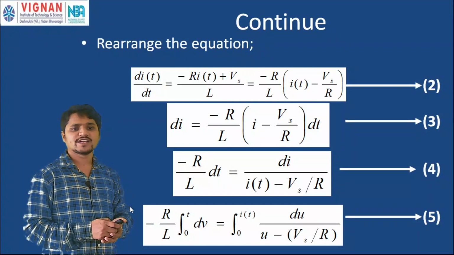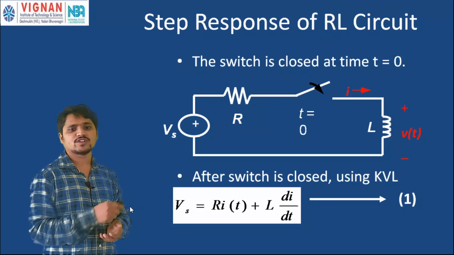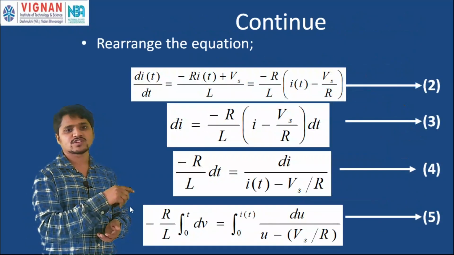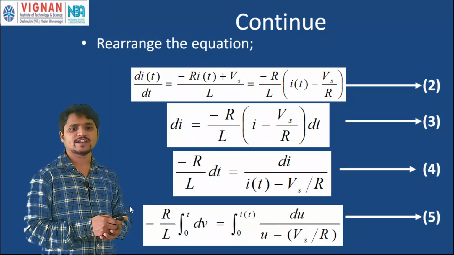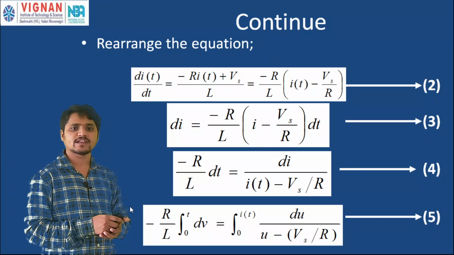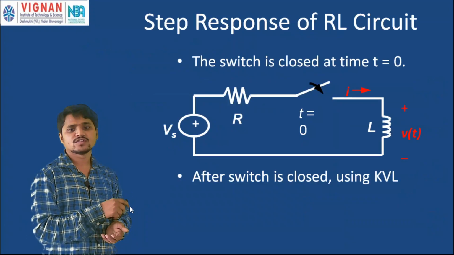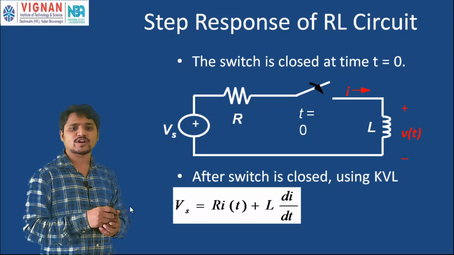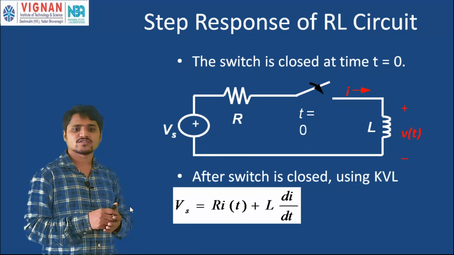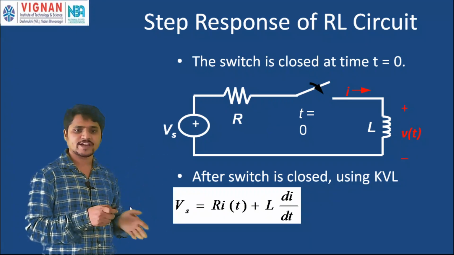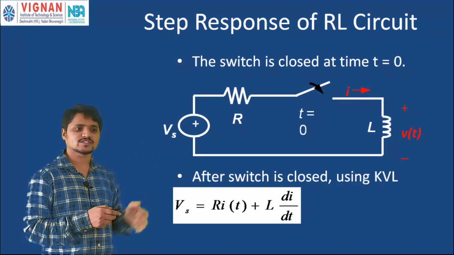Now if you arrange the equation, you bring this L to the LHS side. So we will bring R into i of t and L into di by dt to the LHS side, and Vs to the RHS side.